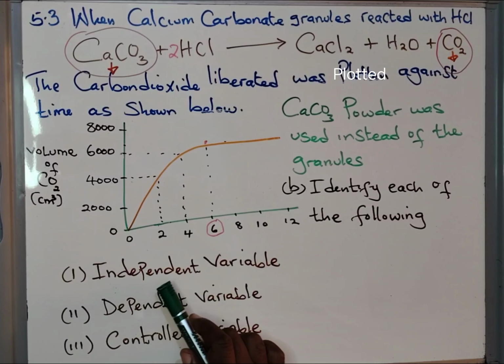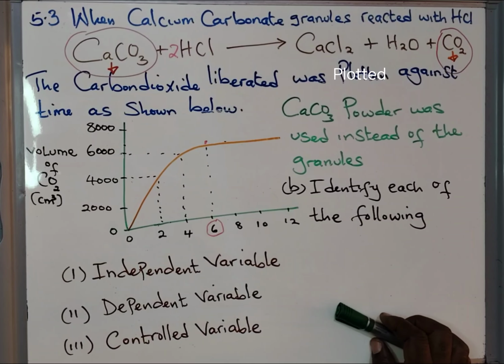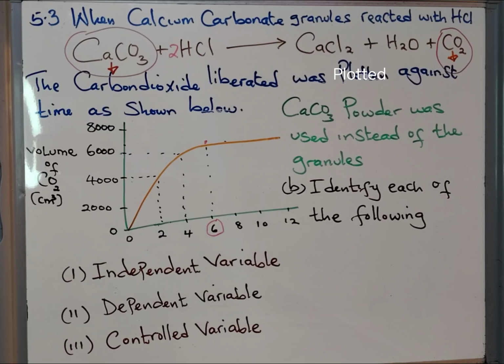The first one is the independent variable. You have to know that an independent variable is the one you manipulate yourself during the experiment. After manipulating it, it changes another one. The one which changes is the dependent. The one you manipulate yourself is the independent.